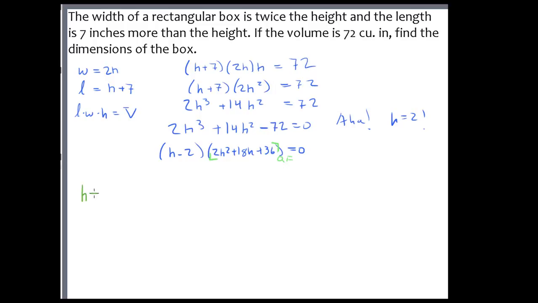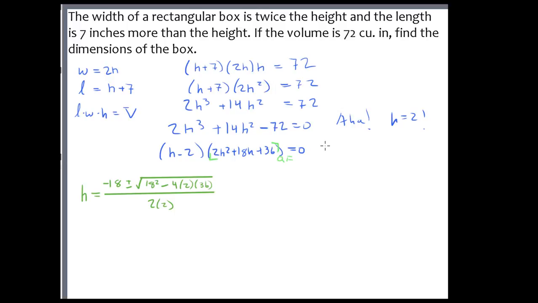I'm going to say h is equal to negative 18 plus or minus the square root of, let's see here, 18 squared minus 4 times 2 times 36, and this is all divided by 2 times 2.